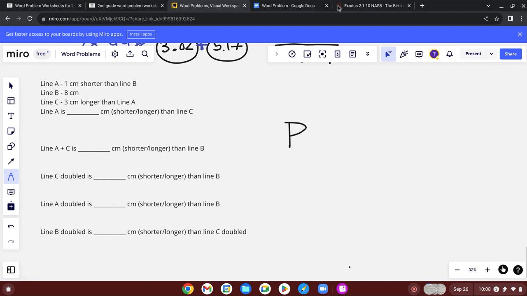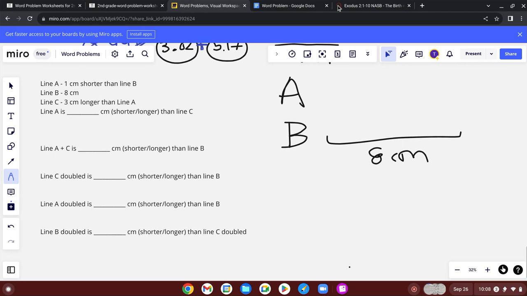Red. Hold on. We know line B is 8 centimeter, right? We know that. So now that we know line B, we can calculate line A, right?